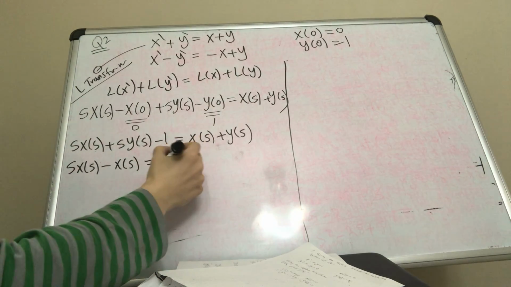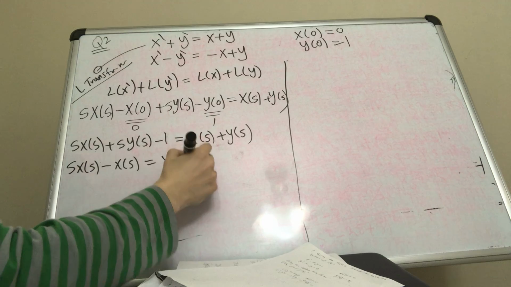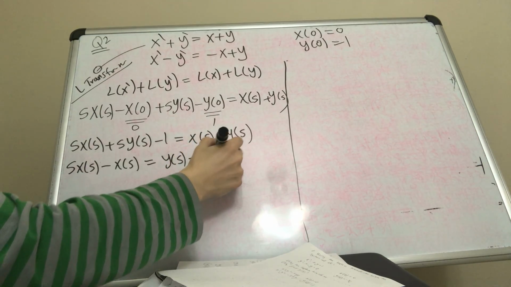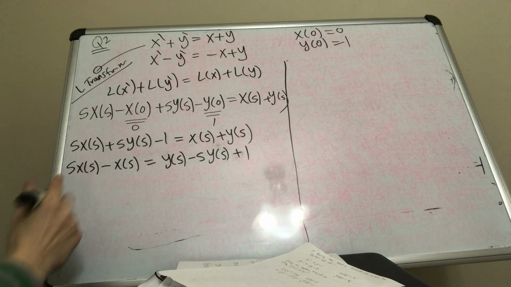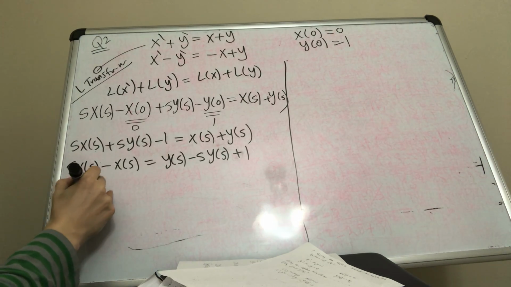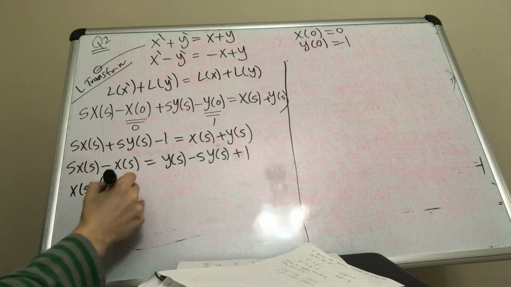I'll put everything here, so y of s minus s y of s plus 1. I'll take x of s as a common factor.